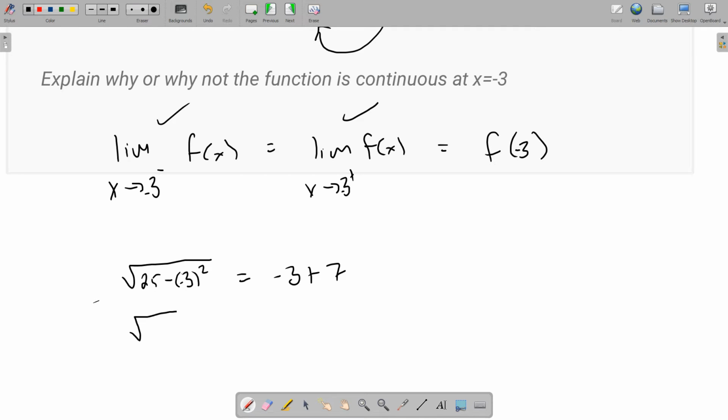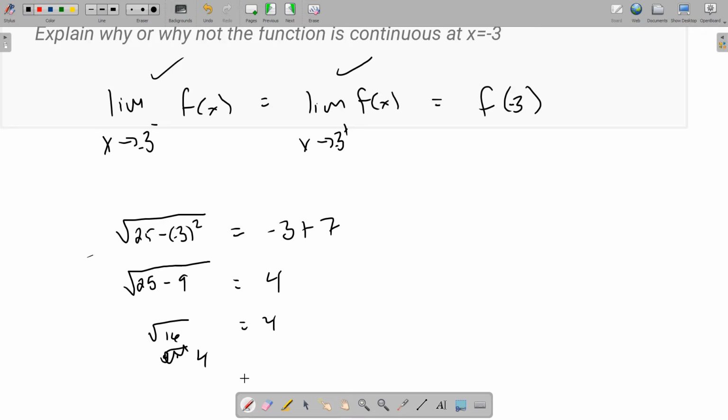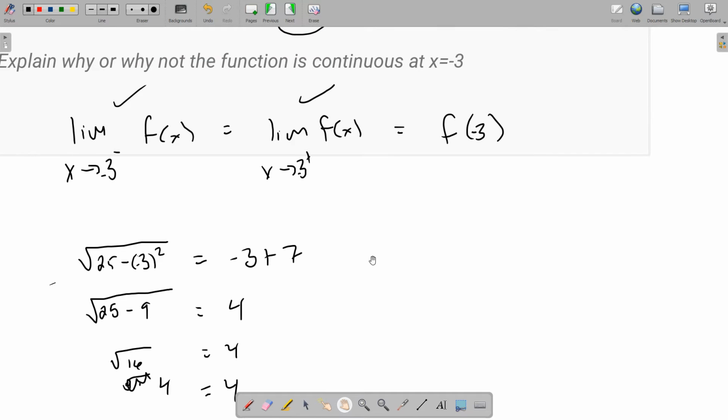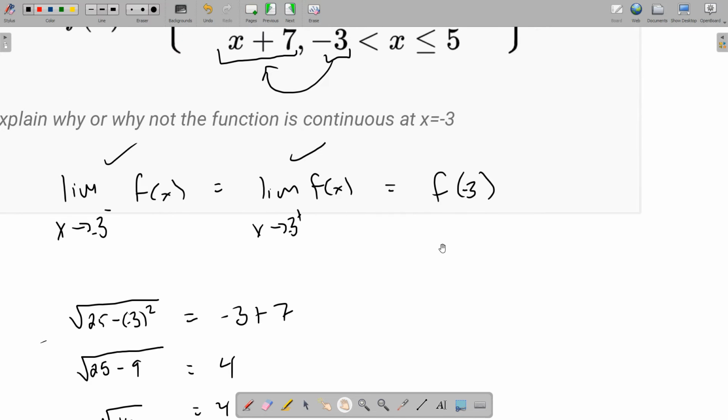So this will be the square root of 25 minus 9, and 25 minus 9 is 16, and the square root of 16 is 4. And -3 plus 7 is going to be 4, and lo and behold, 4.